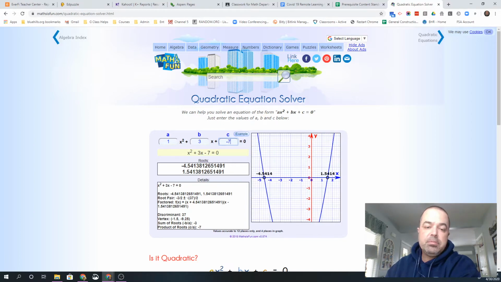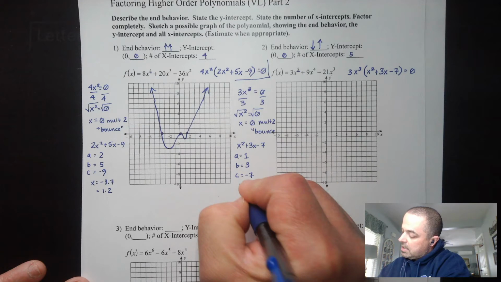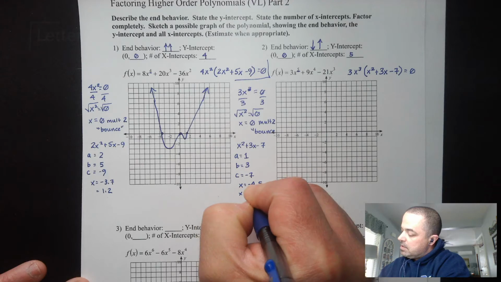And I end up with negative 4.54 as one x-intercept, and 1.54 as the other x-intercept. Okay, so we can write those down on our sheet here. So I have x is equal to negative 4.5 and x is equal to 1.5.